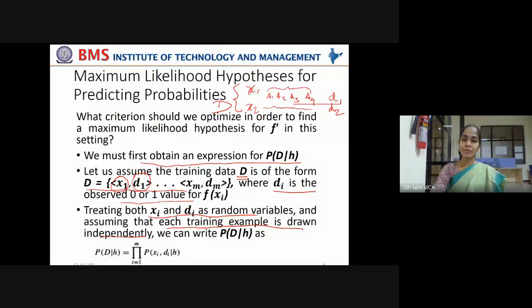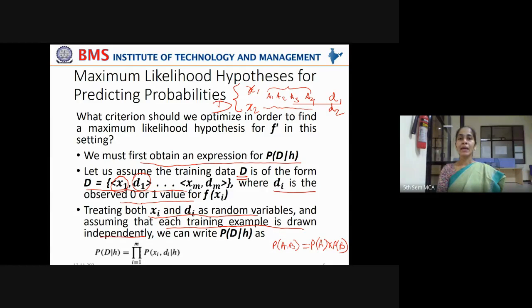So whenever you say that A and B are independent, then we represent the probability of A and B as the product of probability of A and probability of B. This is a basic probability formula.